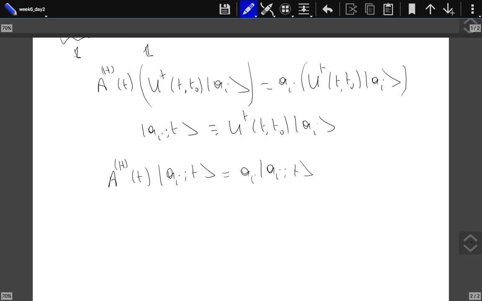And you see, in the Schrödinger picture, the state kets evolve by U. In the Heisenberg picture, the base kets evolve by U dagger. So let me give an example.